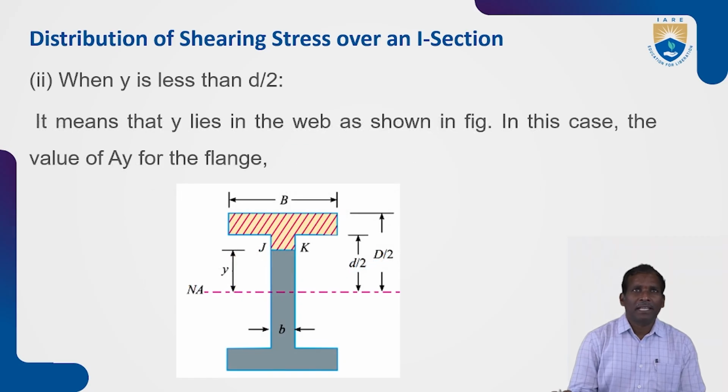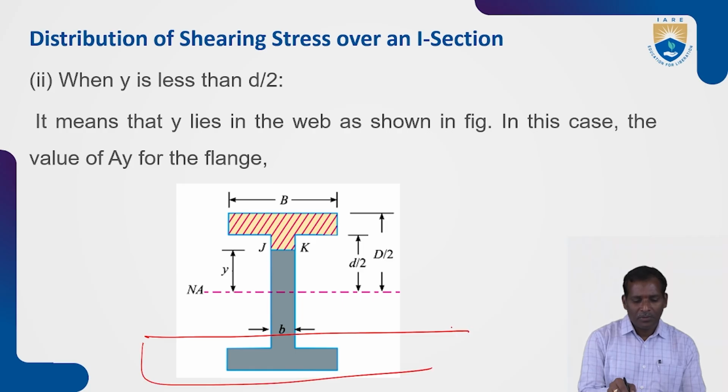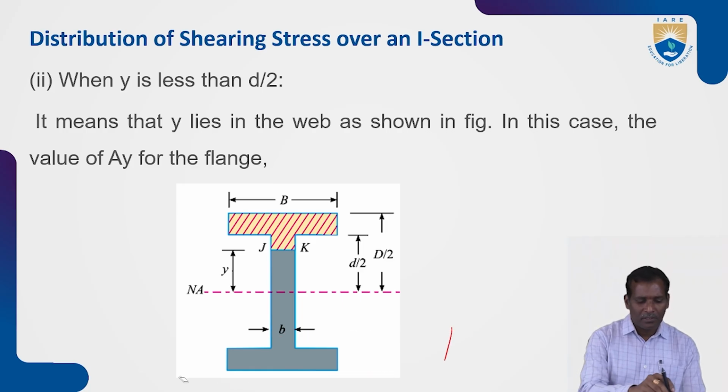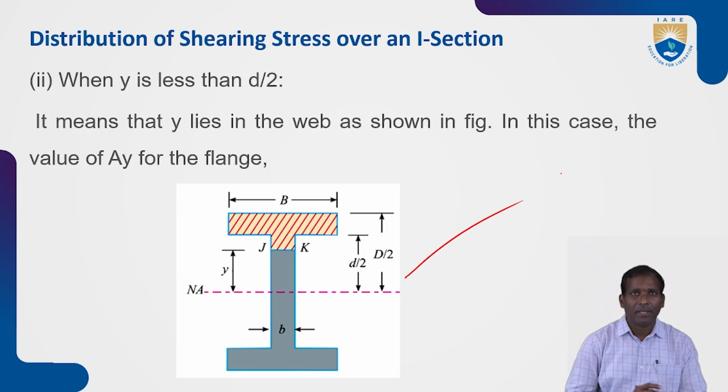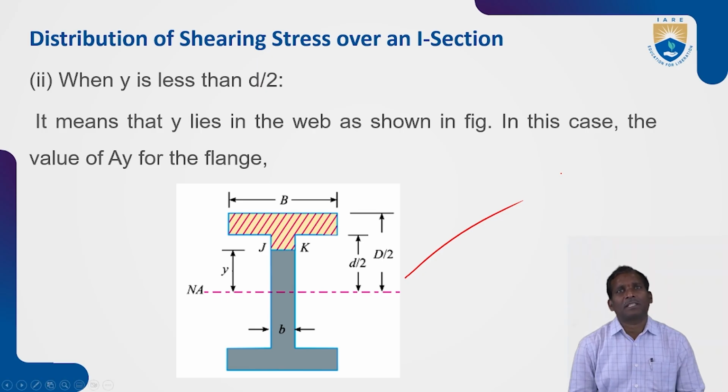Similarly, when y is less than d by 2. So, the same procedure you calculated for the I section applies for the T section also.